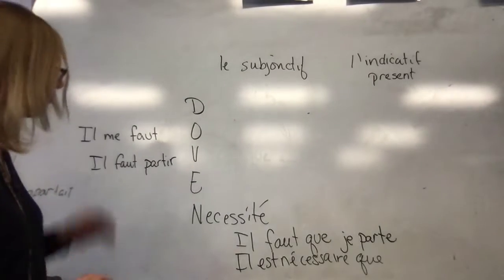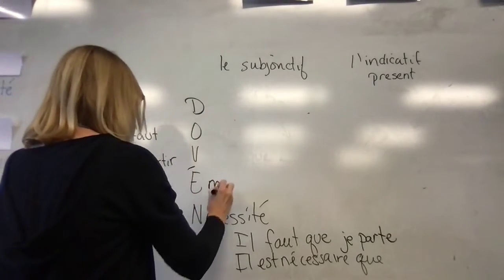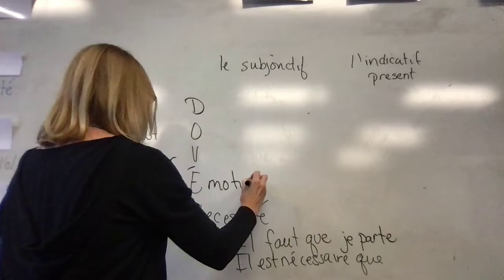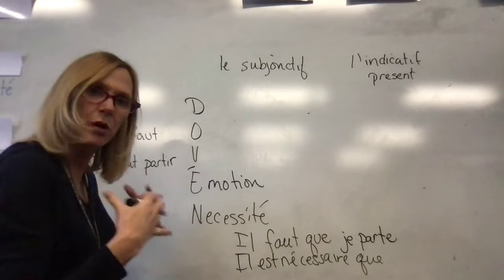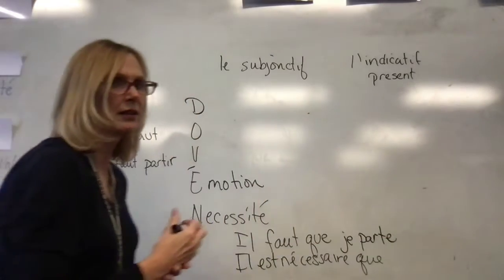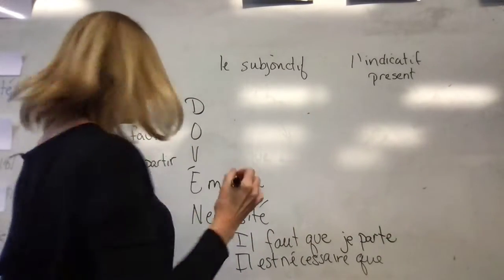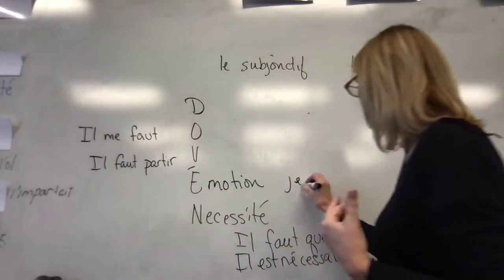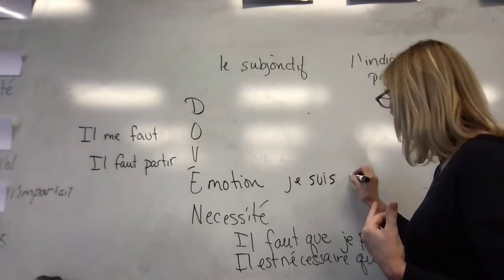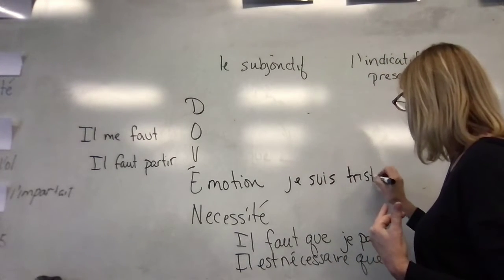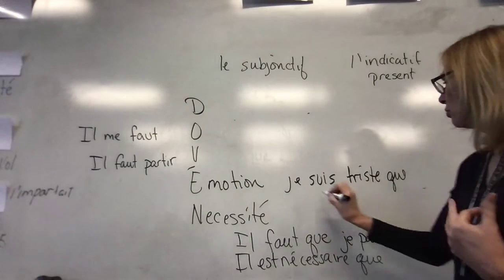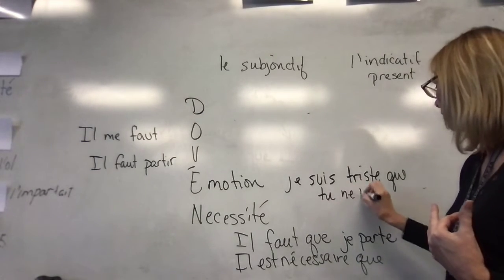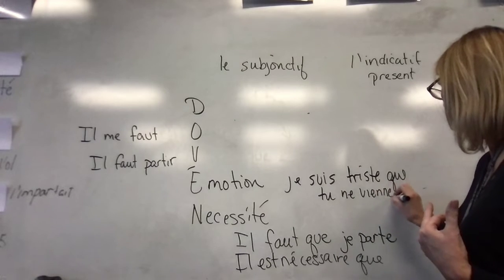All right. Now let's move on to émotion. Whenever I give an emotion about the second half of the sentence, that's when I need to use the subjunctive. So, je suis triste. There's an emotion. I am sad. Que tu ne viennes pas.